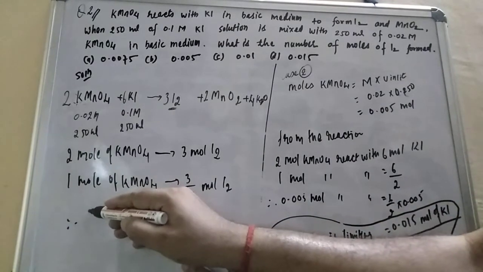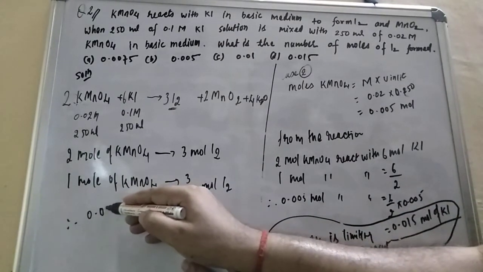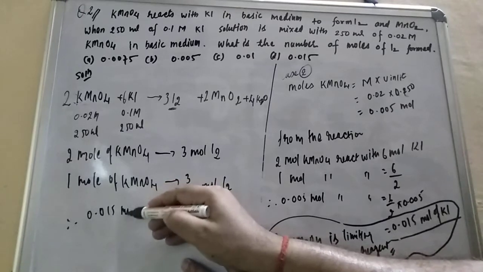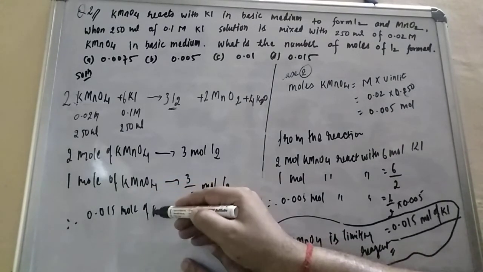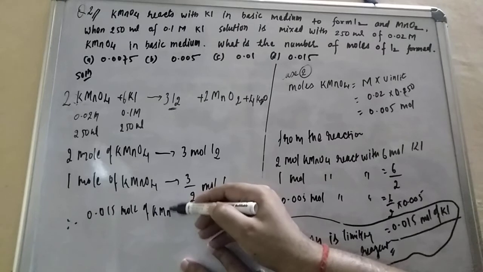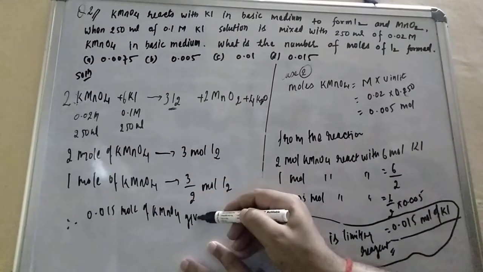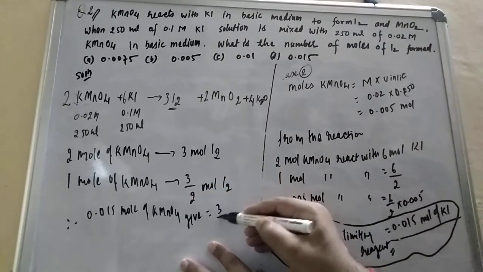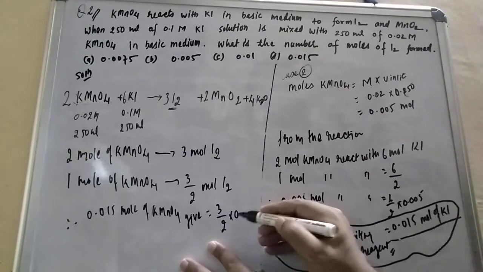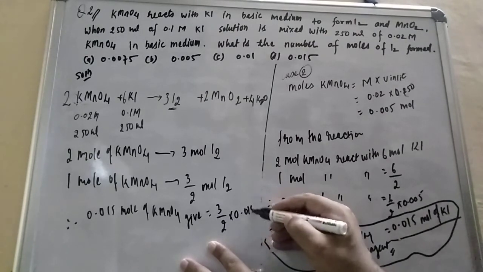Therefore, 0.015 mole of KMnO4 will give 3 by 2 into 0.015 mole I2.